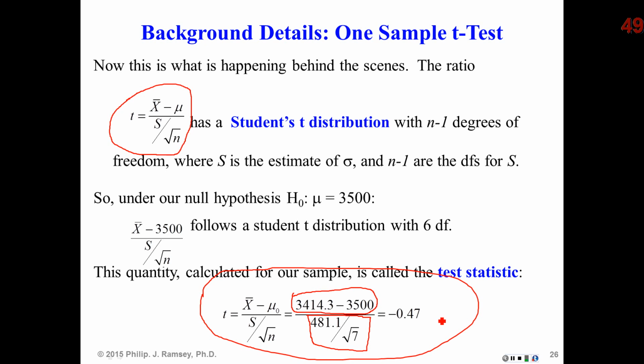By the way, positive or negative is not really of interest here directly, it's the magnitude. So basically the difference between the sample average and the hypothesized 3,500 is a signal-to-noise ratio of about 0.5. Now I know in theory and engineering the minimum signal-to-noise ratio is 1, but in statistics, because of the sample variation, we can get them less than 1.